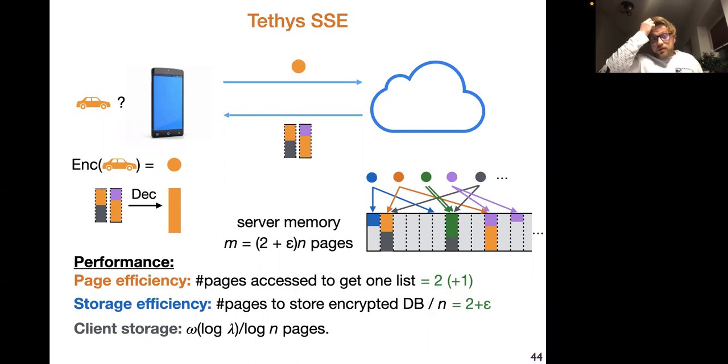Also, a small note here. You might try to optimize this. For accessing one list, we have to retrieve 2 pages. And you might think of optimizing this by decrypting them on the server and then only sending back the matching identifiers, because then you save a bit in communication.